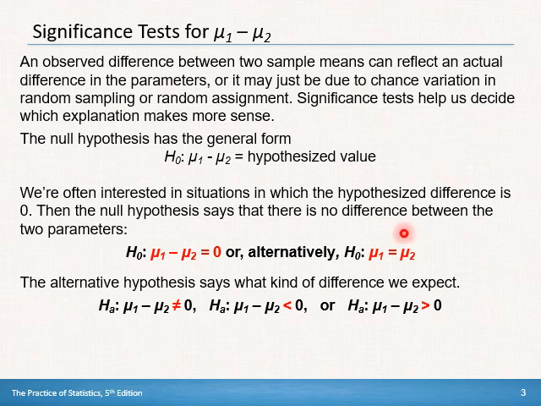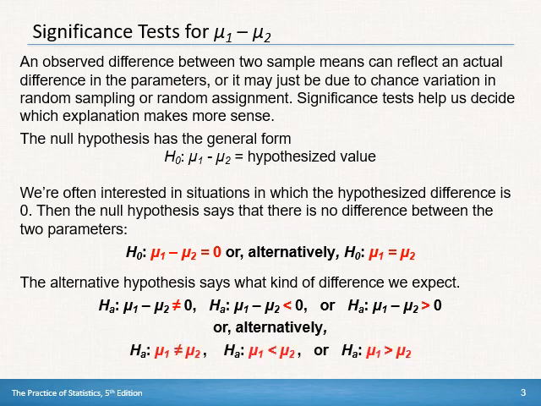Now, for the alternative here, rather than writing them like this, your calculator will tend to write them like this, where mu sub 1 is not equal to mu sub 2, mu sub 1 is less than mu sub 2, or mu sub 1 is greater than mu sub 2.